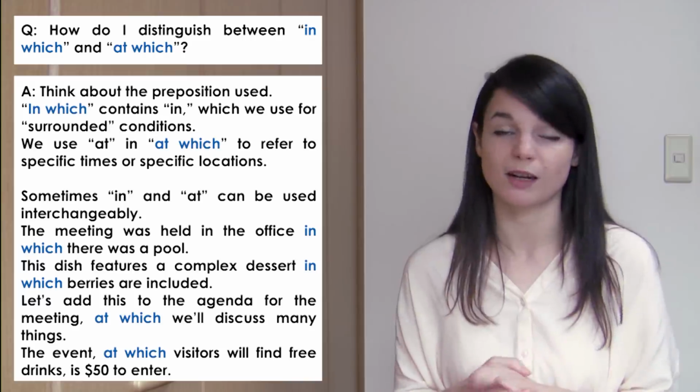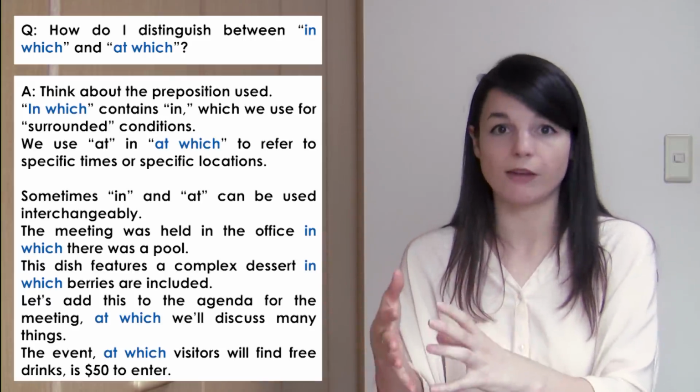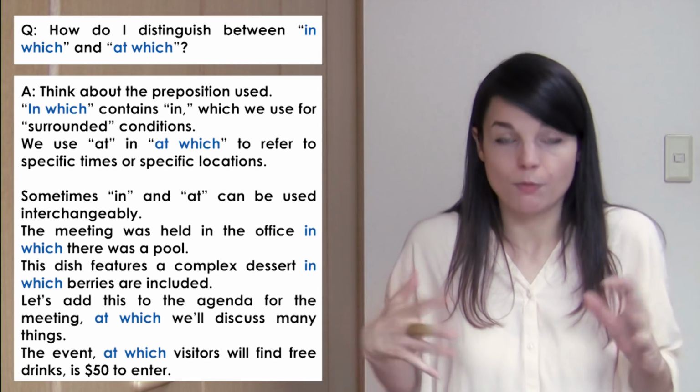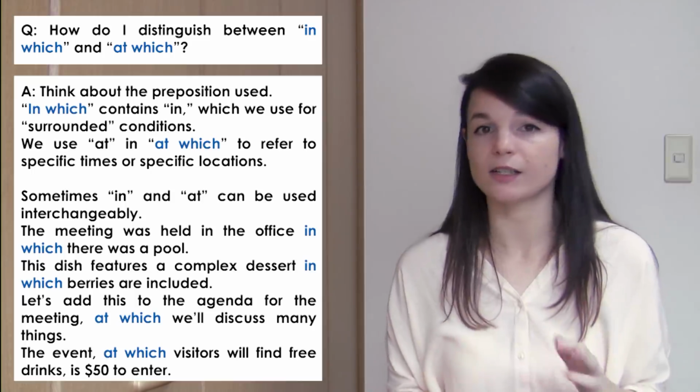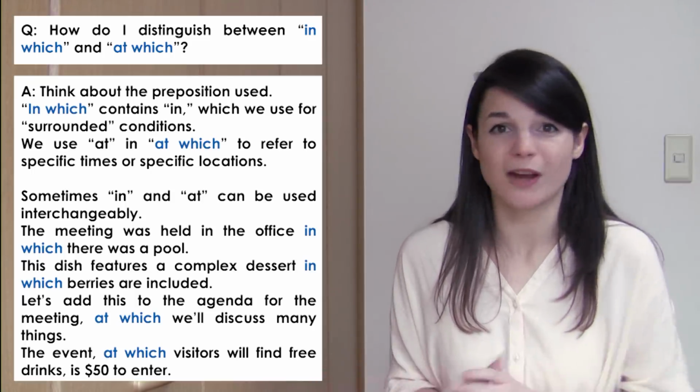Both would be correct there because it's a specific location, a specific action, specific event, at, but it's also a meeting. So it's like we're being surrounded by the meeting condition, the meeting status. So both are correct there. But I hope that helps give some examples of how to use this.